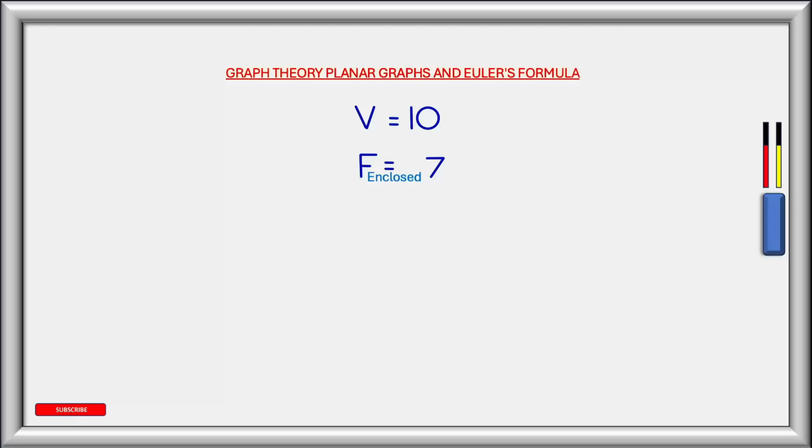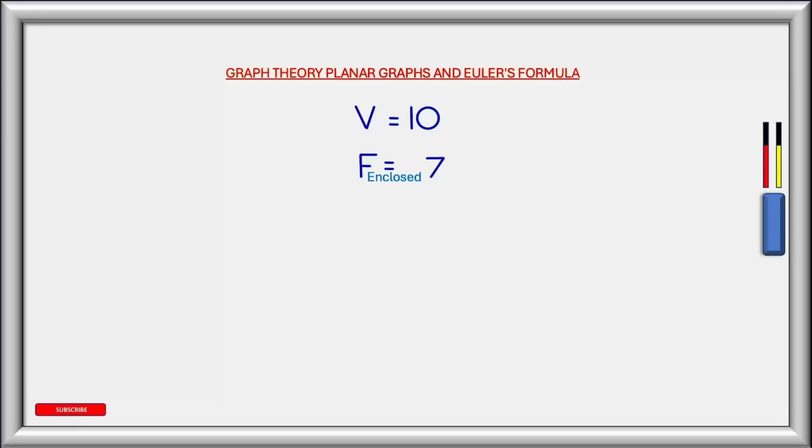For challenge 2, suppose you are designing a network with 10 vertices and you're required to create 7 distinct enclosed regions. How many edges are needed to maintain planarity? If you'd like to play along, pause the video now. This one's a bit of a trick question because it talks about 7 enclosed regions, meaning 7 interior faces.